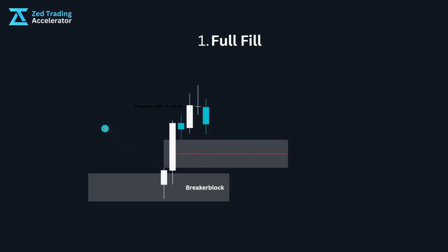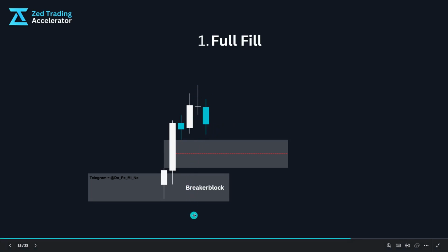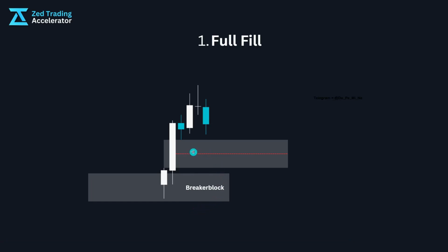Why? Because we have no other line of defense. Yes, you are right. And also we are up in the premium zone, right? So our first line of defense is the fair value gap right here.